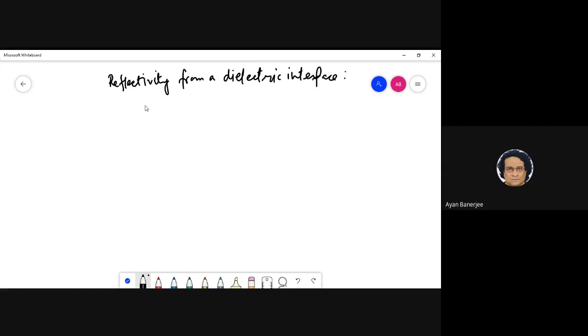What we derived were the Fresnel relations, and that gave us the R parallel and R perpendicular, right?